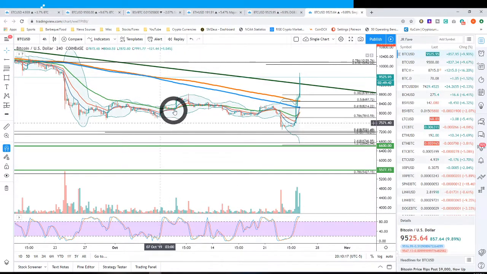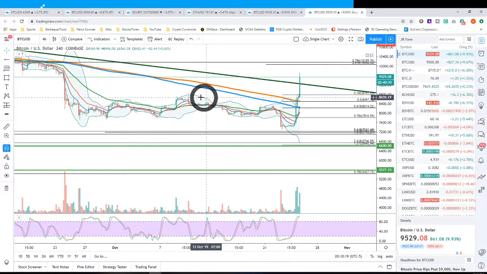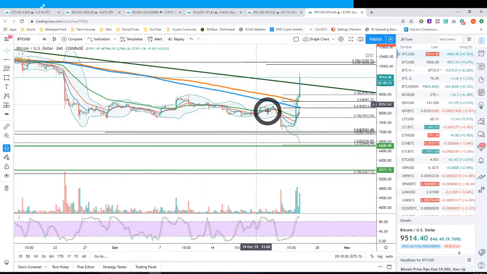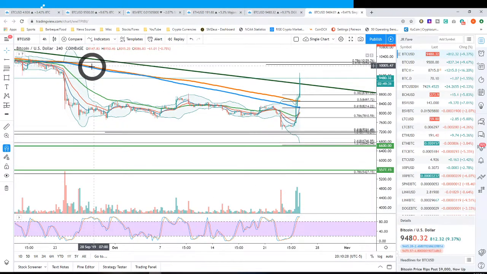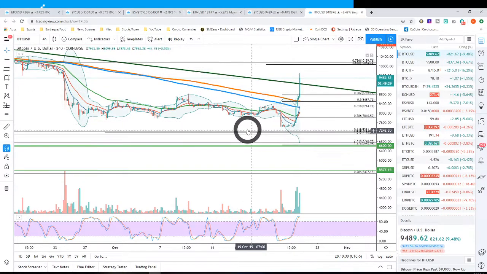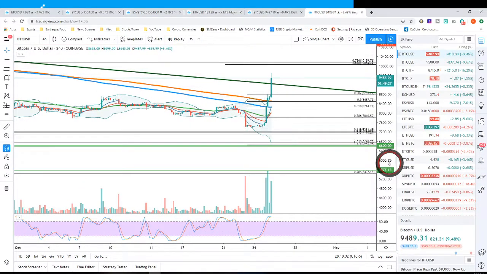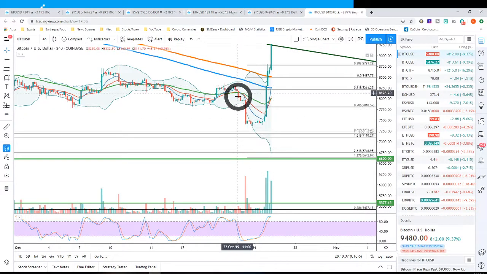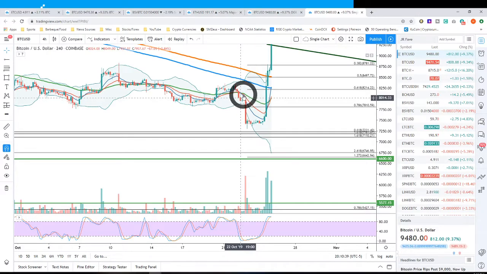So this almost looks eerily similar, except the S&P back then was going down. It was a bear market. And I'm sitting there thinking to myself, oh, this is going to just drop off a cliff.